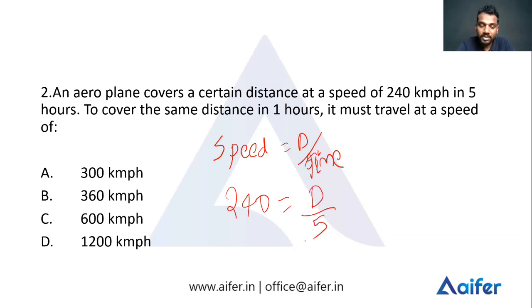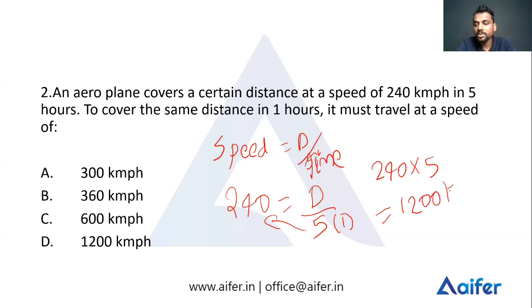So we want to cover the distance in 1 hour. Here time instead of 5 should be 1, which means we multiply 240 into 5. When we multiply 240 into 5, we get 1200 kilometer per hour.